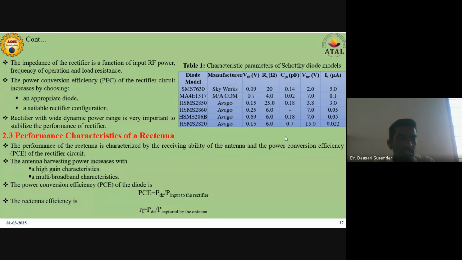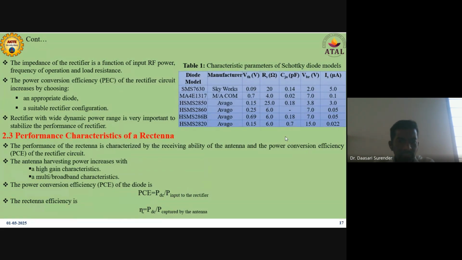And when the power levels are low, we must choose a diode having a low threshold voltage, because even when the power levels are low, the rectifier function should start. So in order to start the functioning of the rectifier, we must choose a diode having a low threshold voltage for the rectifier design in the rectenna system.